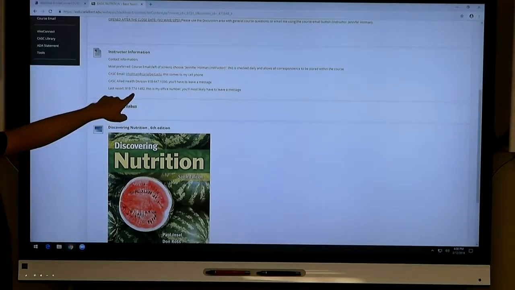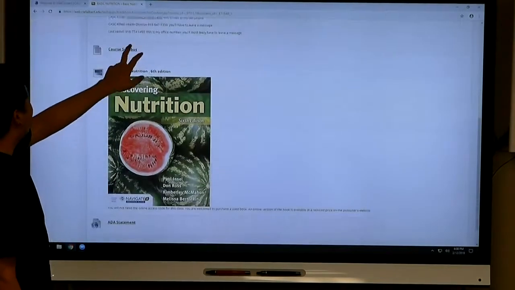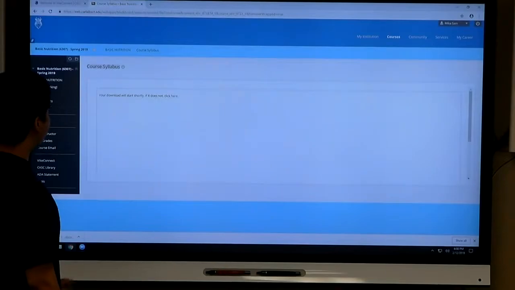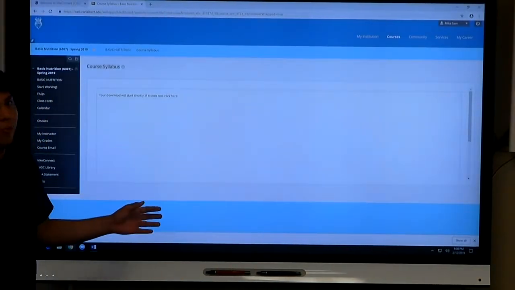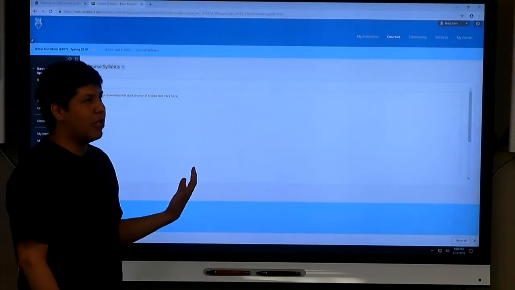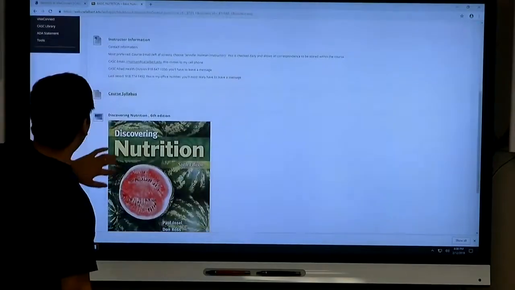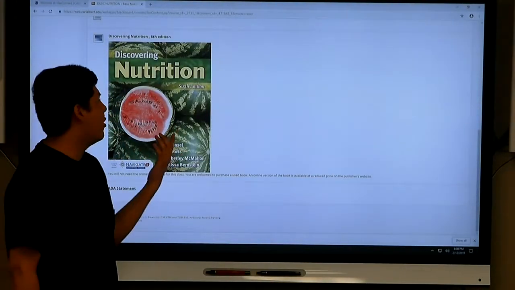Now this one is her office number, and this one is her cell number, I guess. This is the course syllabus. I'm not going to open it, but I am just showing you where to find that. And this right here is the book that we use to read the chapters.